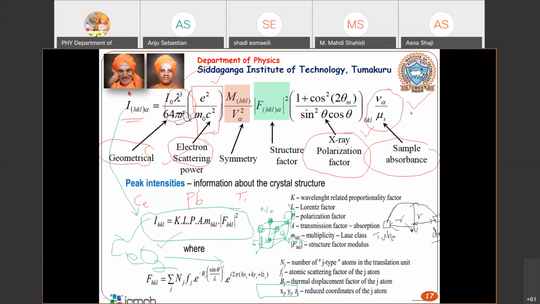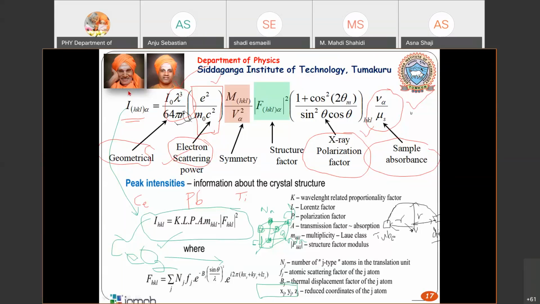Otherwise, the atom may be slightly vibrating even at its position, and in that case your diffraction is slightly distorted. If you go to low temperature, these atoms are very much fixed in their position, so there is less thermal displacement. So when you do this refinement, you need to take care of all these things.